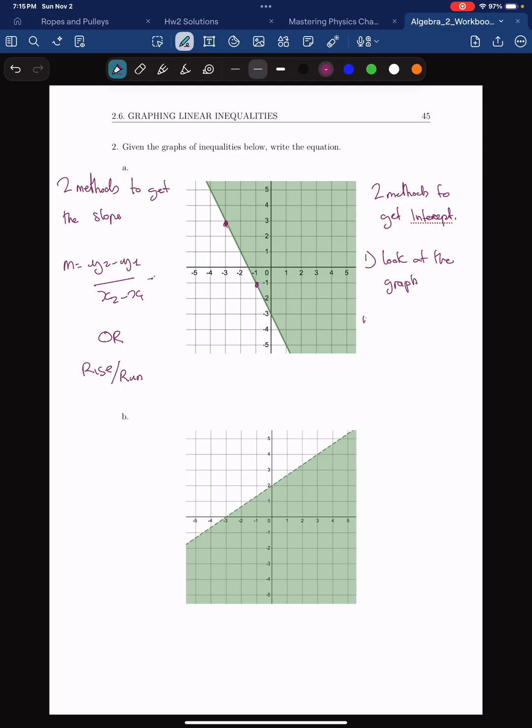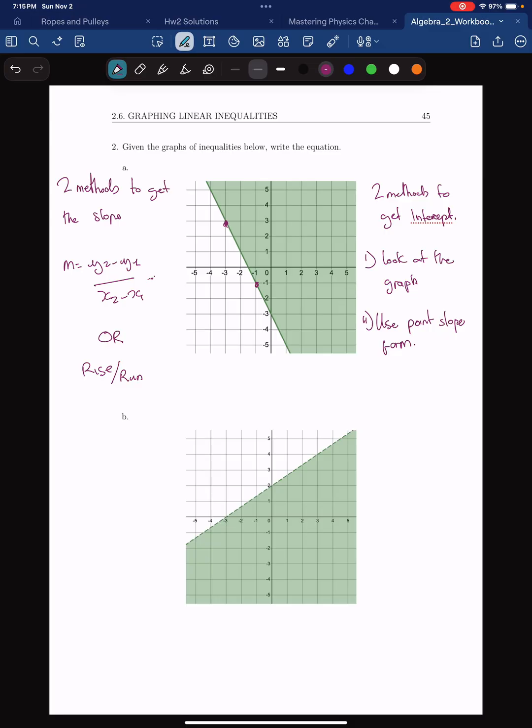In that case, use point slope form. This will give you the equation of the line, the whole line. If you know the slope, which you can get by either rise over run or this form, then you can figure out a point on the line by looking at whatever points you have on the graph. And then that will give you the equation of the line.